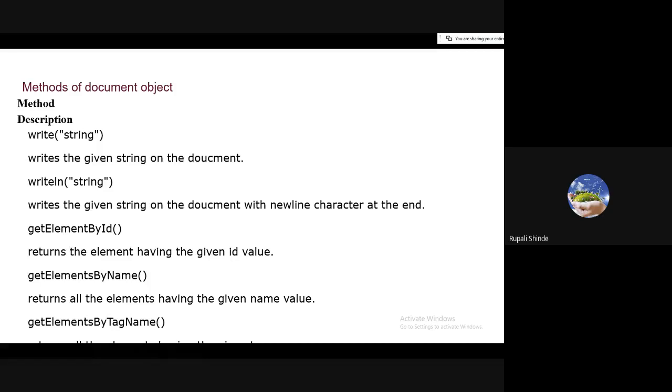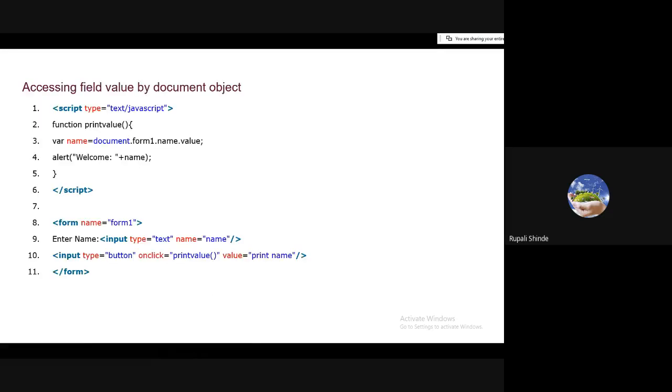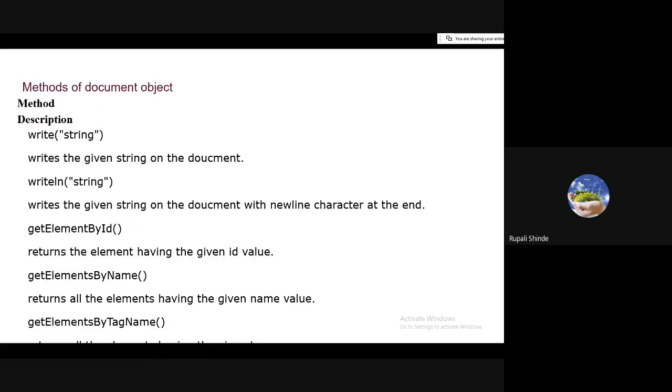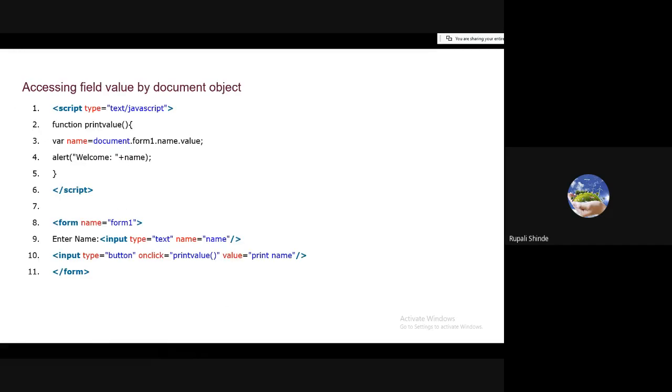I think we have used the same method, document dot getElementById. It gives the element whose ID we specify. Then getElementByName: by using name we can access the element. Then getElementByTagName. Likewise, we have many methods, so we have to execute them.